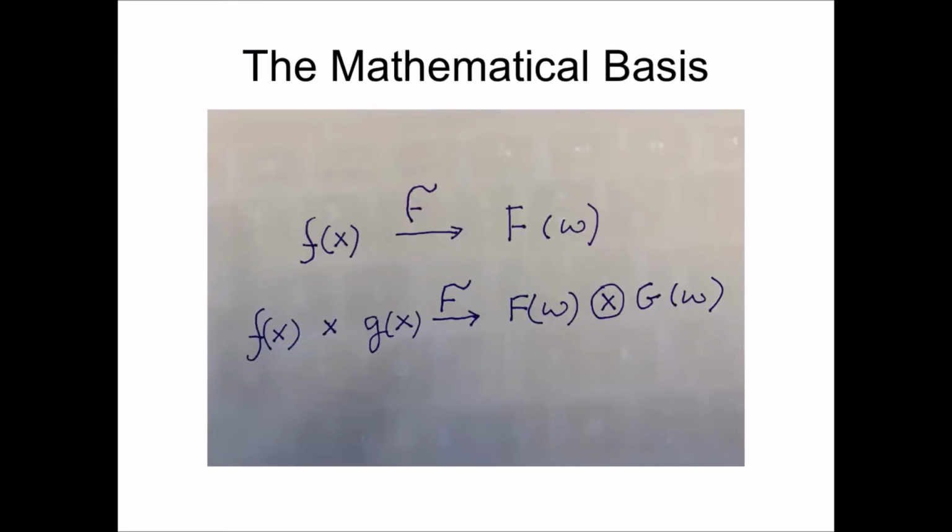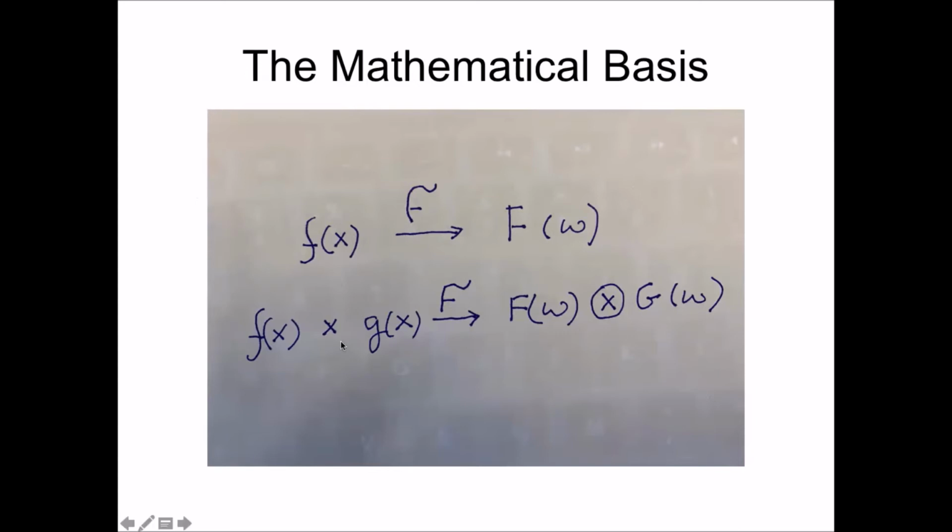Now, if you have an object, which we will call f of x, and you have a Fourier transform of it, you get an object which is described in terms of spatial domain, in terms of the frequency domain, okay?